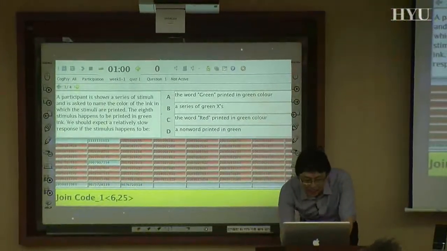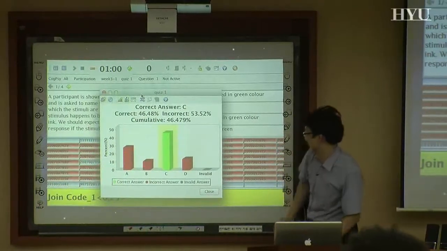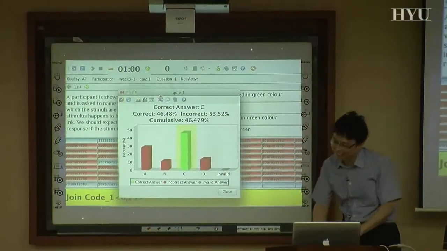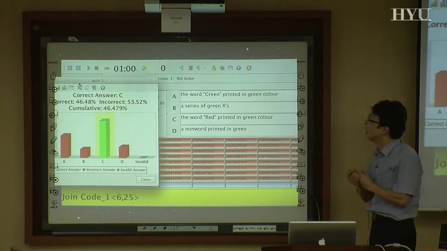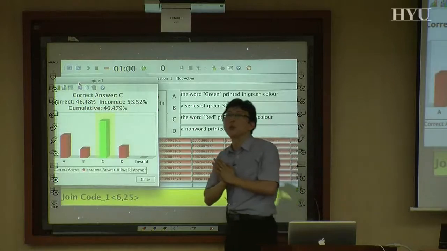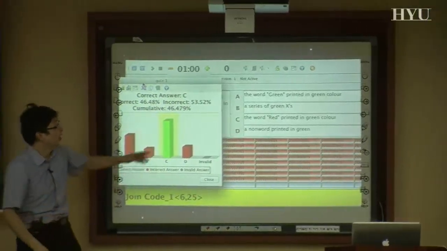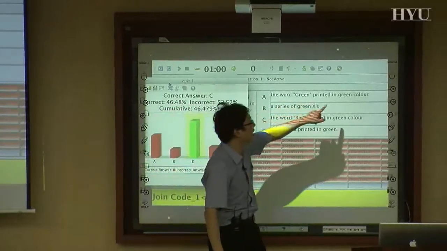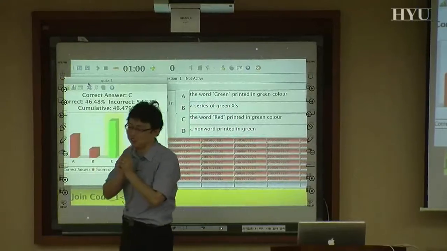The answer is C. Why C? That is called the Stroop Effect. Okay, that is called the Stroop Effect. Say, if the color is green and the text is green, that is duplicated, consistent information.